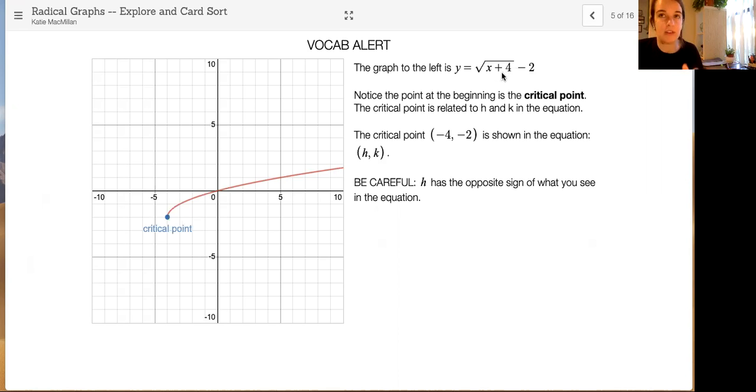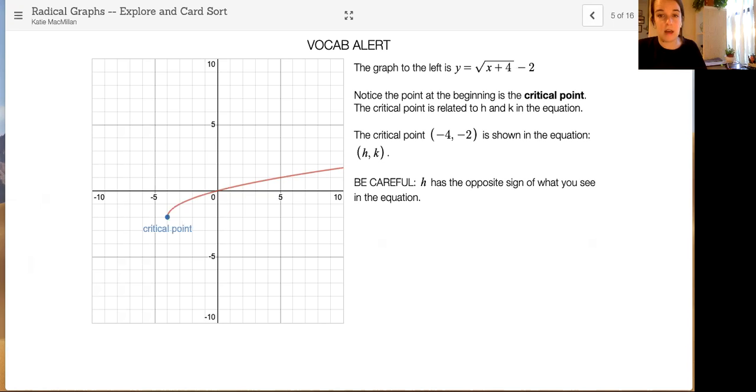So just like the same way that we were thinking about parabolas, how if it's in the parentheses, you have to flip it. The same thing is true for the radical sign here. So if we have the radical, we have +4, our h value is actually -4, right? It's the opposite sign of what that number is. Our y value is our k, not changed. So since we see -2 here, we see -2 there.